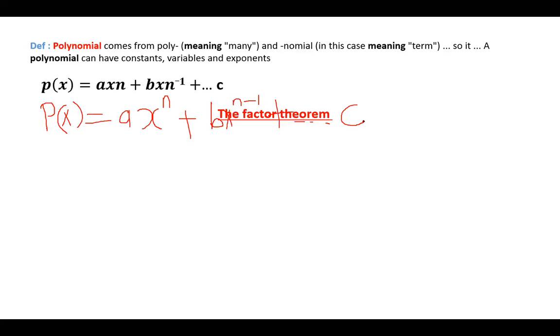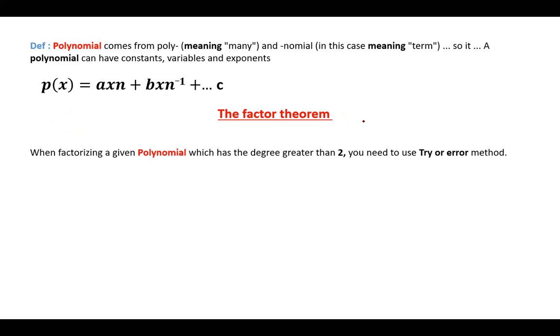All right, so now let us look at the factor theorem. The factor theorem is just the way in which you can factorize any given polynomial. When factorizing a polynomial which has a degree greater than 2, you need to use the trial and error method when finding the first factor.